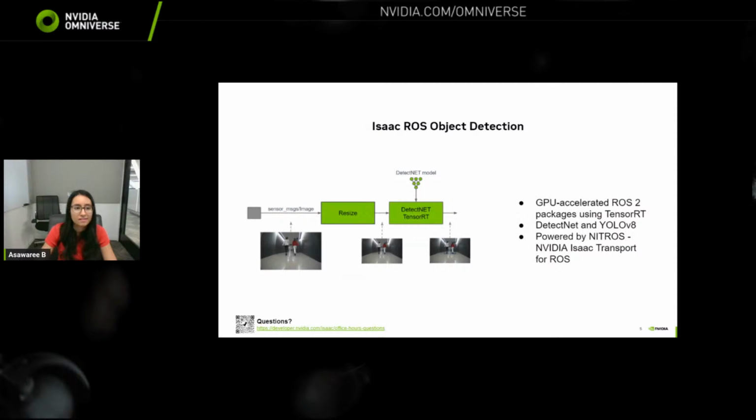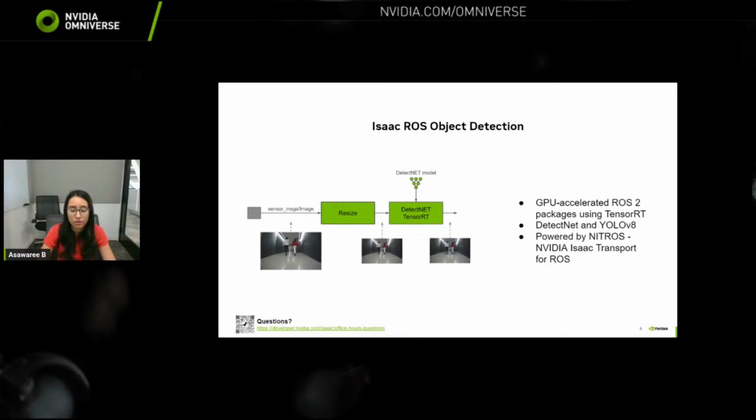Okay, cool. So let's get started with today's agenda, specifically object detection with Isaac ROS. This is just an overview, a preview slide about what Isaac ROS offers when it comes to object detection. It offers two GPU accelerated ROS2 packages that use two different models. The first is DetectNet and the second is YOLOv8. Both of these samples are Nitrous accelerated. Nitrous is something you may have seen previously through our webinars, blogs or office hours.